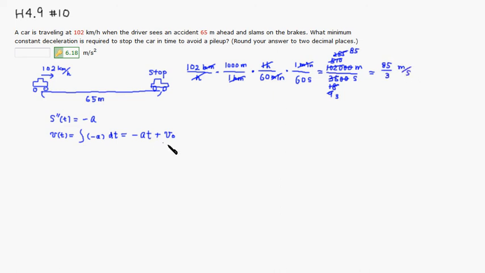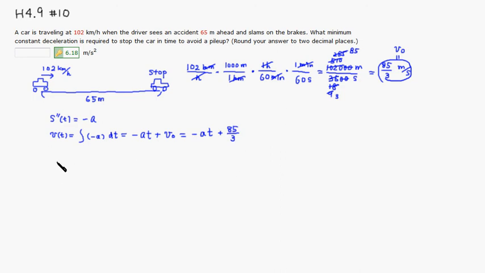Right? So this is the initial velocity v0. So the velocity function can be written as negative at plus 85 over 3. Right?